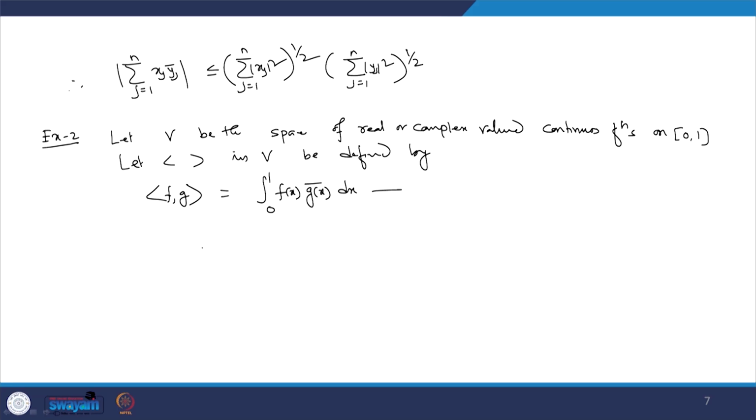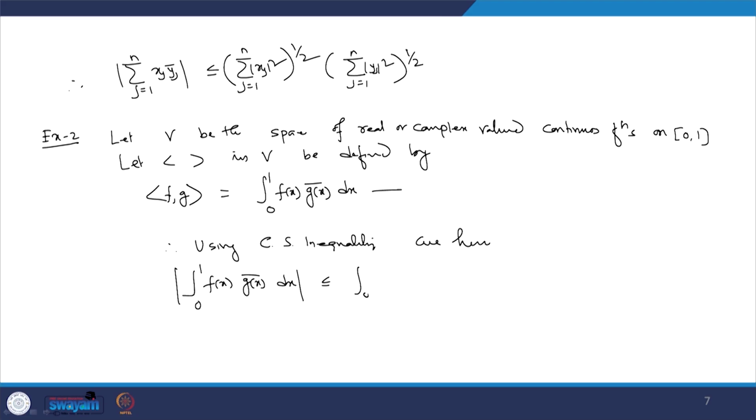Now, using the Cauchy-Schwarz inequality, we have the absolute value of the integration from 0 to 1 of f x g x bar dx is less than or equal to the product of the square roots of the inner products of f with f and g with g.